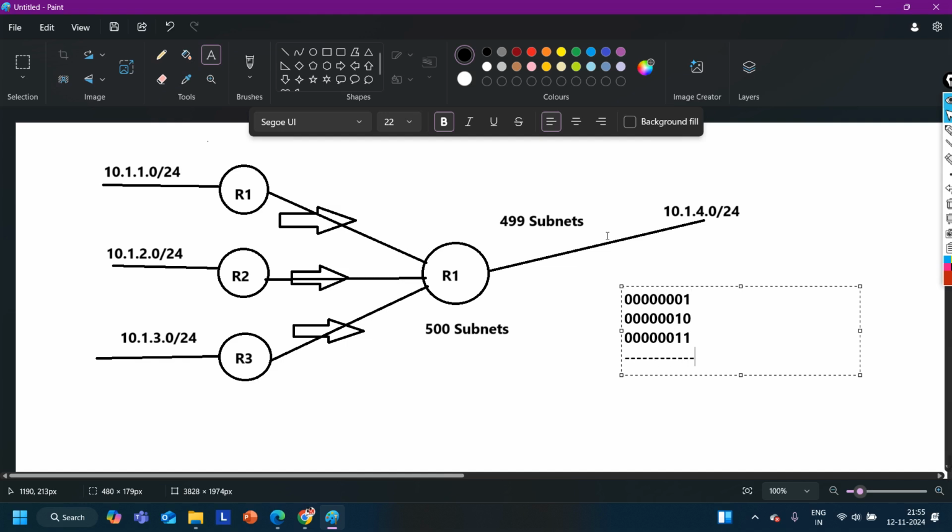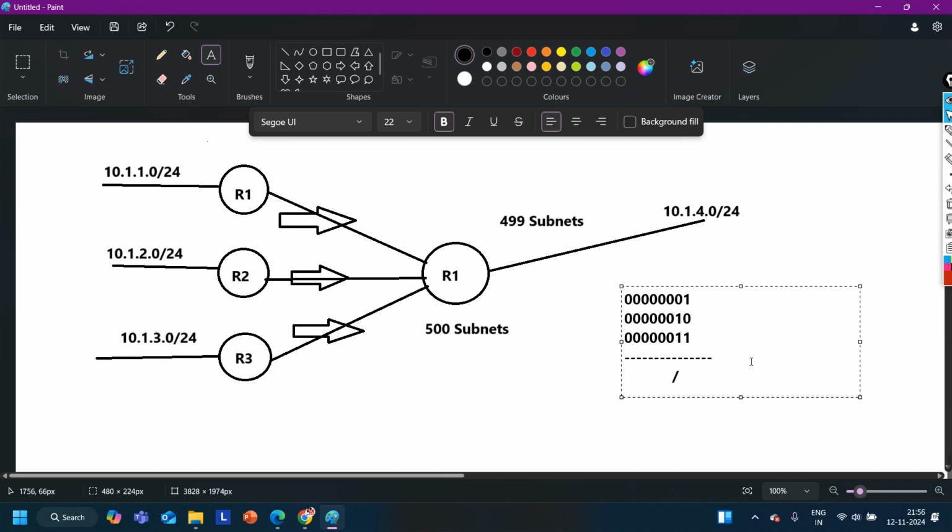And now you need to find where the bit is changing, right? First you find where the octet is changing. Now you need to find where the bit is changing. So the first 6 bits are the same in all the subnets, right? 6 bits are the same. That means your slash value after summarization is going to be what?